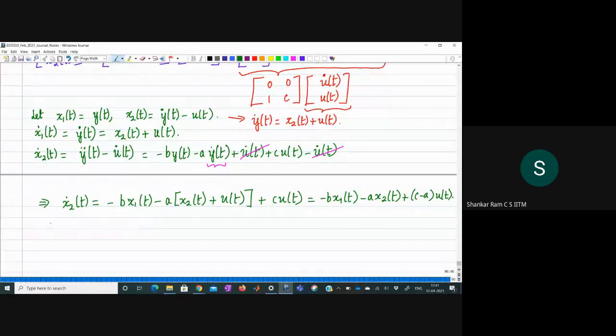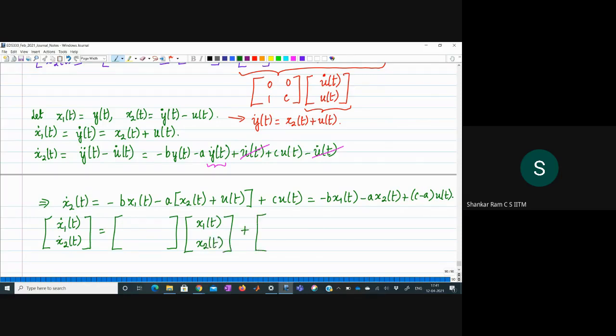Yeah, right? So there is a difference here. So if we collect the two state equations, we get a form of the vector ODE. So what will happen to x1 dot, x2 dot? Let's now group them. Now you can see that the equation for x2 dot does not contain u dot, right?